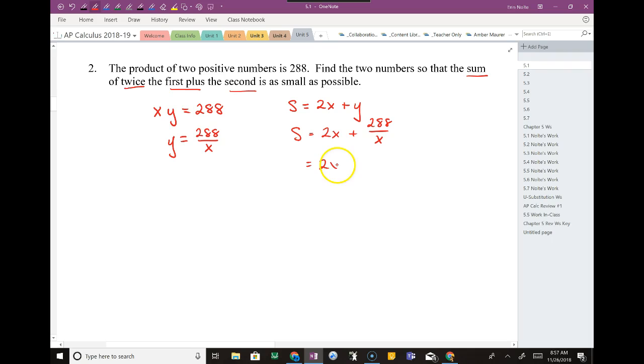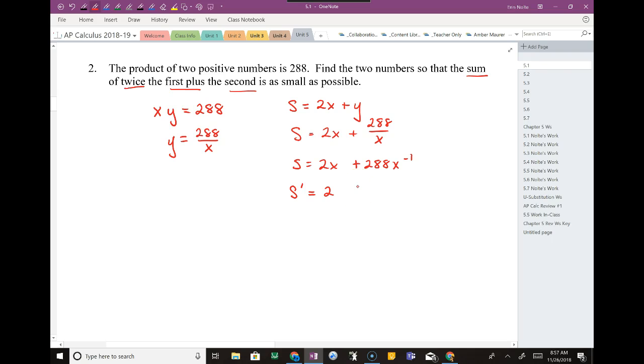Now if you want to rewrite this, remember that when you have an x in the bottom, that is the same as 288x to the negative first. I'm sure some of you just do that in your heads by now, but just write it out anyways. So if we take the derivative, what is the derivative of 2x? 2.